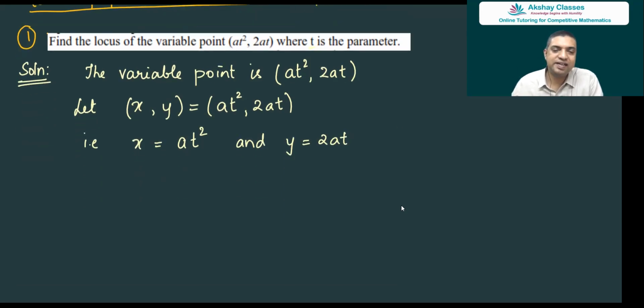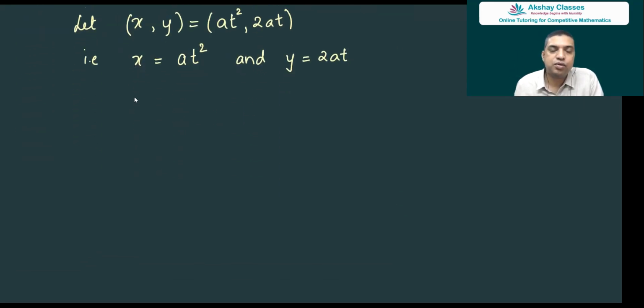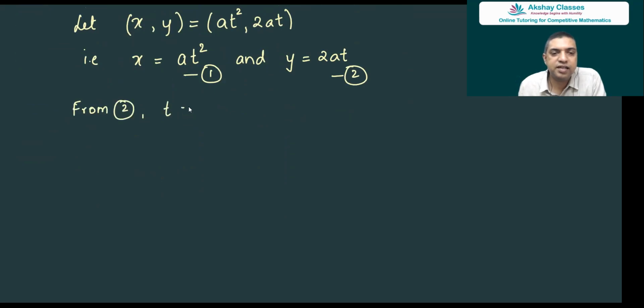Now eliminating t. This is say 1, 2. From 2, t is y upon a.